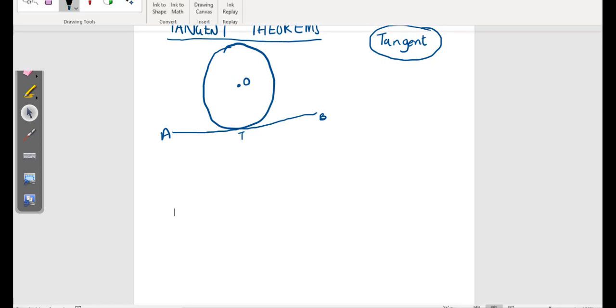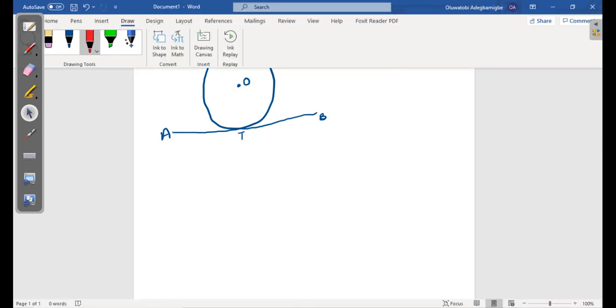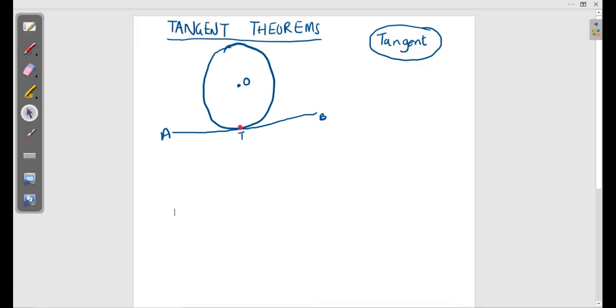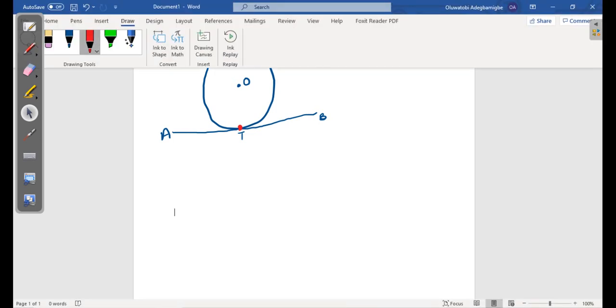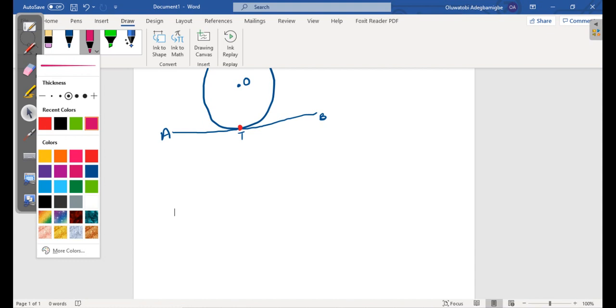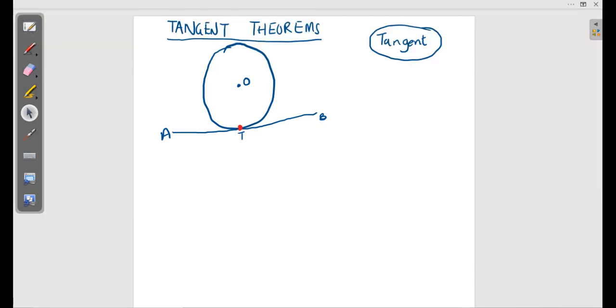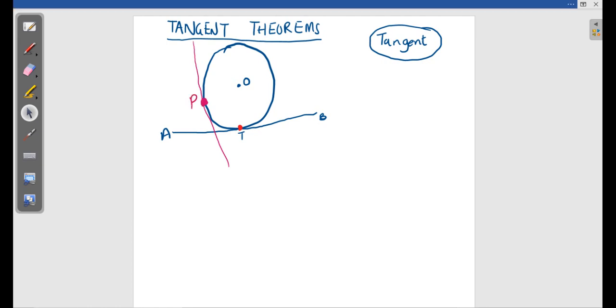Looking at this, it's touching at just this point, and that becomes a tangent. On that same circle, I can as well have this as a tangent. Meeting here can as well be labeled as a tangent. So this is what we call a tangent.